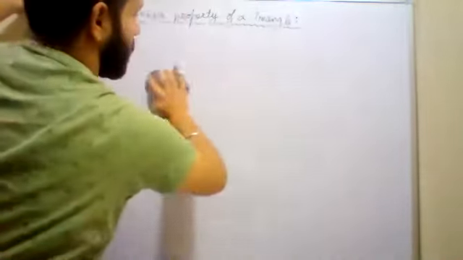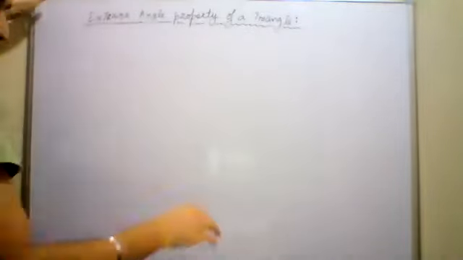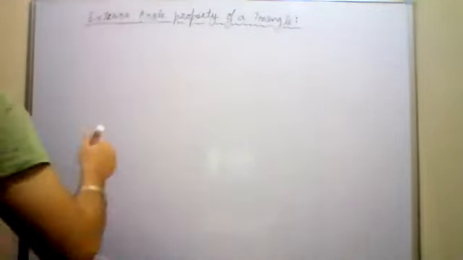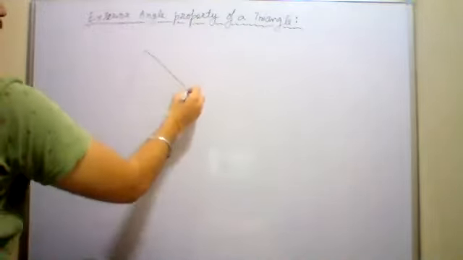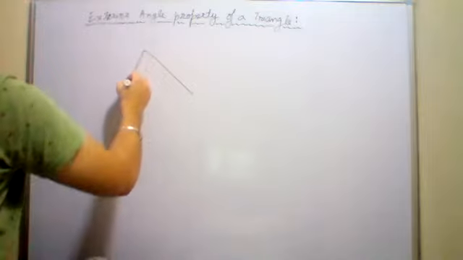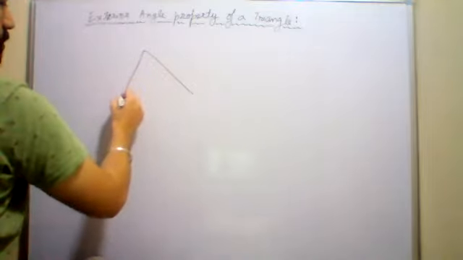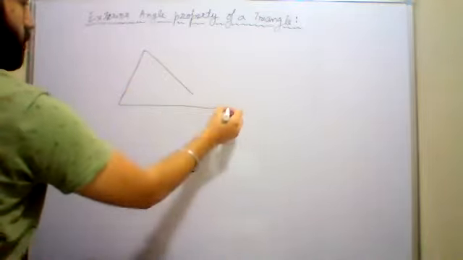Now, after the statement of the theorem, you will draw this figure in your copies. I am making the figure here. You all will also draw this in your copies.